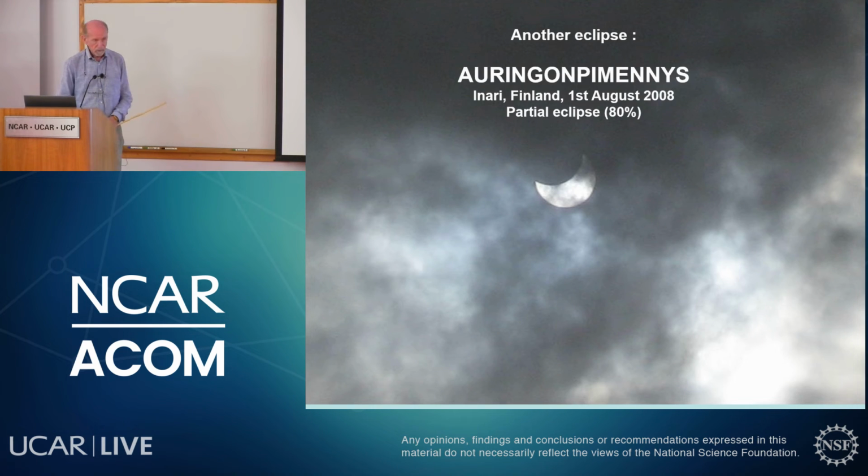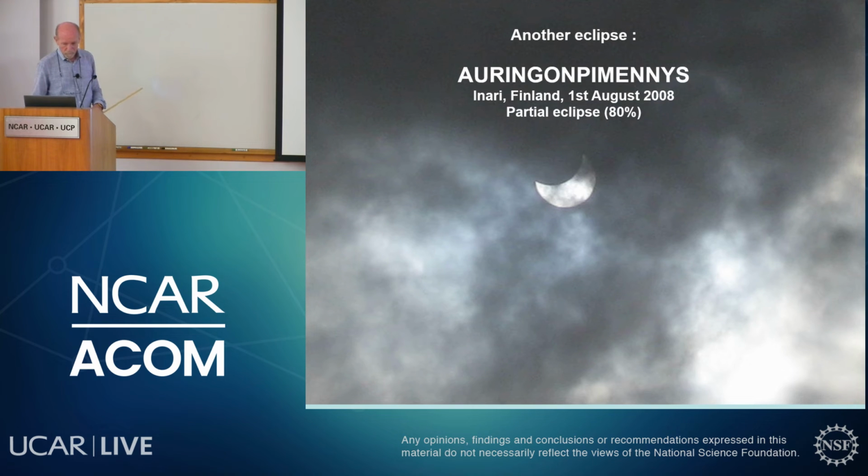Then we also used another eclipse, which was total, but total in the Arctic Sea. My colleague could not measure it, because to make measurements on a boat is impossible because of the movement of the boat.